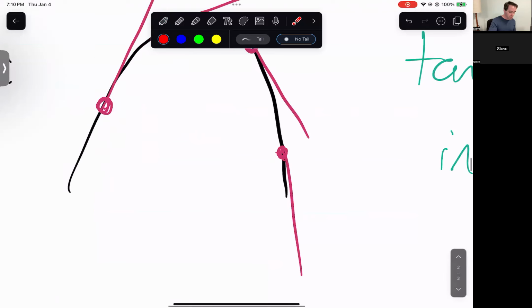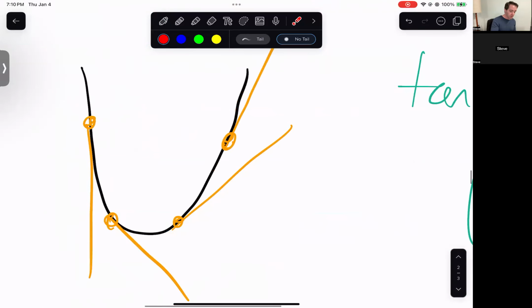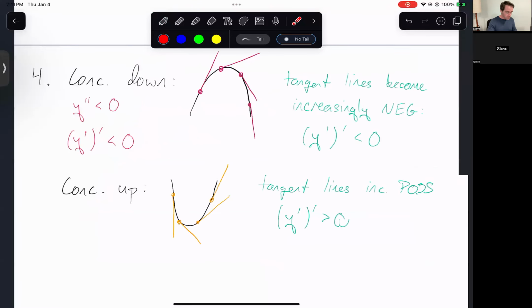But for the same reason in reverse, near a point of tangency, a concave up function will have a linearization or a tangent line that provides an underestimate. Okay? So that's the reason that you can use the second derivative to determine whether the tangent lines provide an over or an underestimate. But we're doing something a little different with this. That was just an aside.